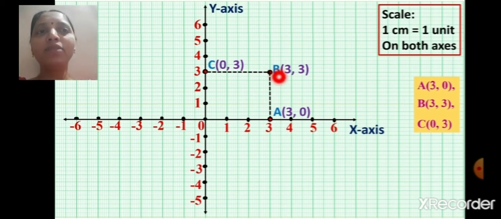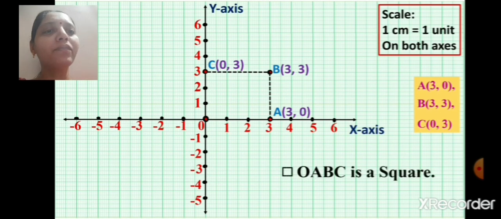The distance between point B and C is also 3 units, and the distance between point C and origin is also 3 units. So all the sides of this quadrilateral are 3 units, that means the same. So you will get quadrilateral OABC is a square. Okay.